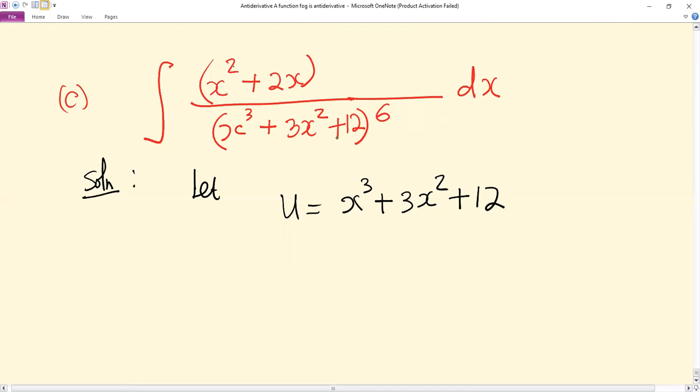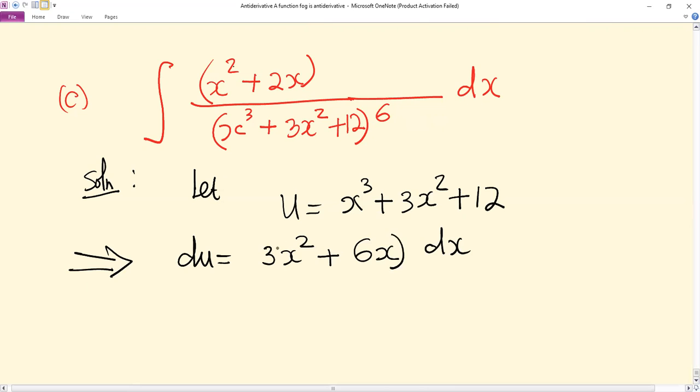So when you differentiate this polynomial of highest power 3, you expect to get a polynomial of degree 2, which we can factorize to ensure that we do away with this numerator part. So this implies that du will be 3x squared plus 6x dx.